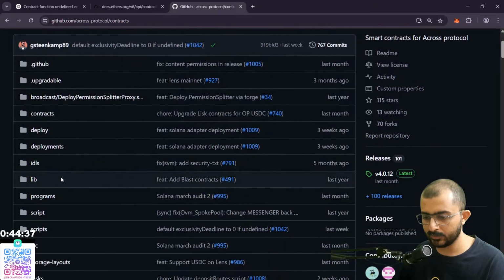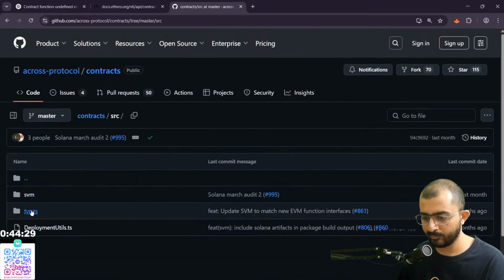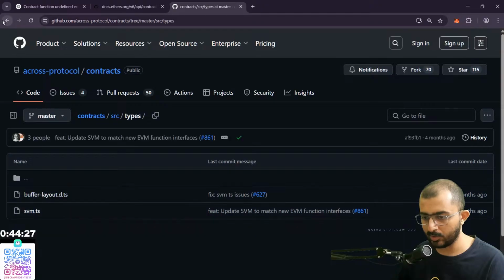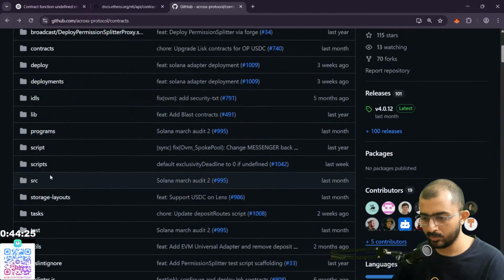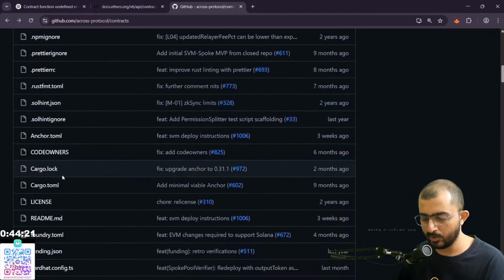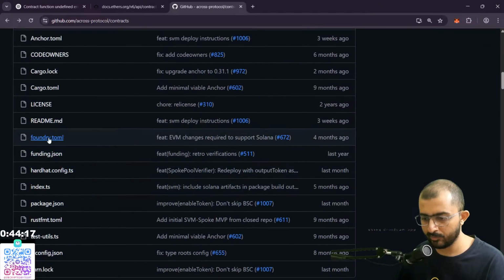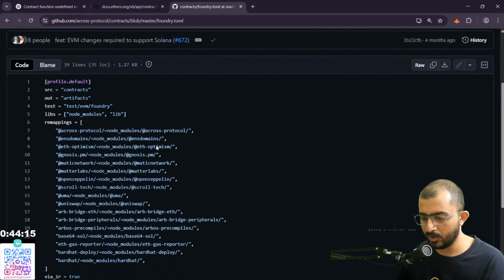Contracts, source, types. Okay, no contracts. So they are not using, I guess, foundry.toml. Source contract.